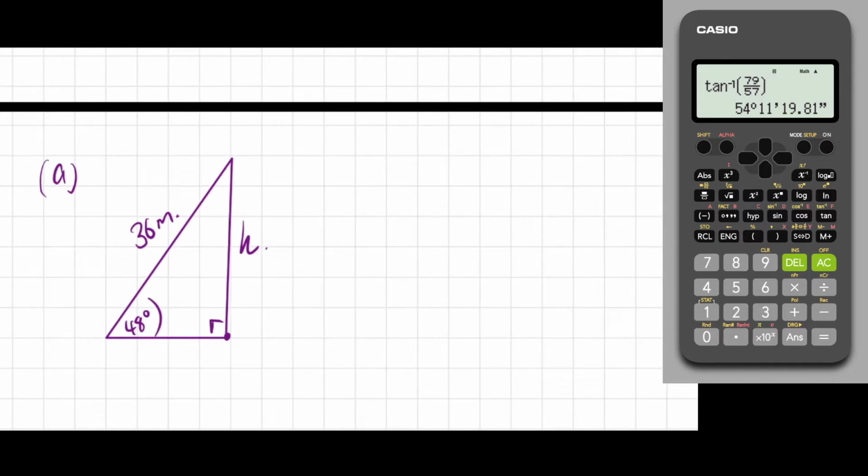Imagine this was the pole. This is my point A, so this is the length of the cable down here. So let's do some trigonometry to find what the height of the pole is going to be. Okay, so which of the three trig ratios are we going to be using?